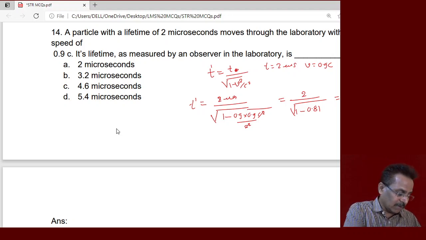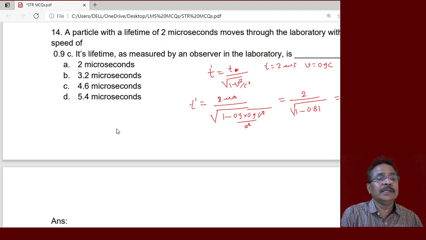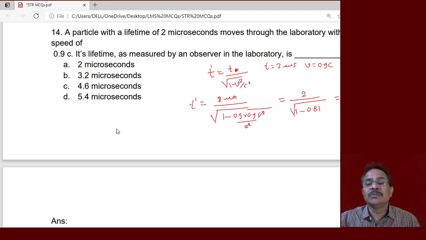If you go for this calculation, 0.4 into 0.4 is 0.16, so the square root of 0.16 is 0.4. The square root of 0.19 is something more than 0.4 and less than 0.5.